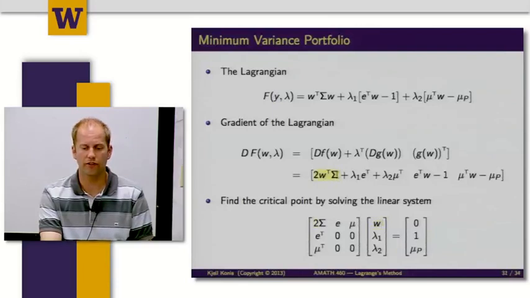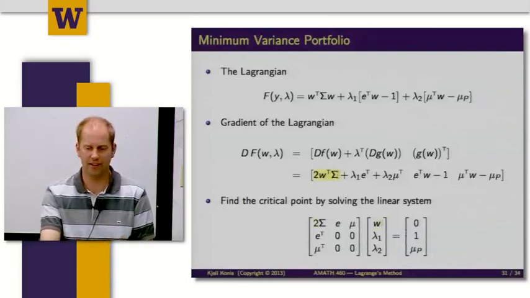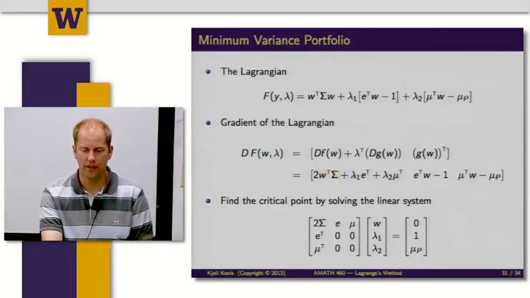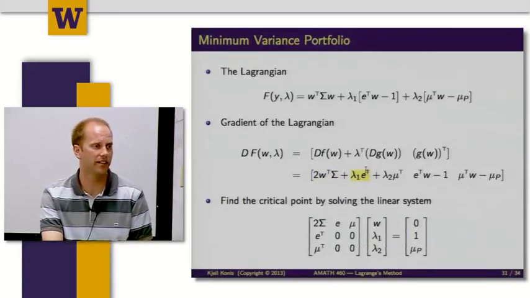This is just the transpose of this, so it's more convenient to work with it as a column vector when I want to solve it. Lambda 1 times E transpose: if I take the transpose of that, lambda 1 is a constant, so that'll just become E. And then lambda 2 times mu transpose, so I end up with mu here.